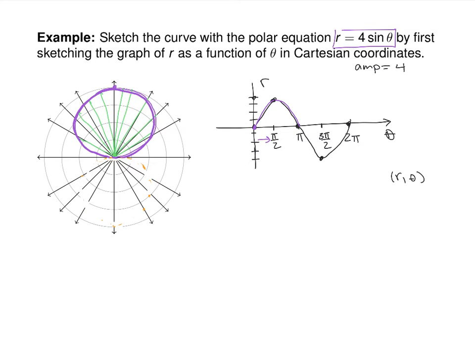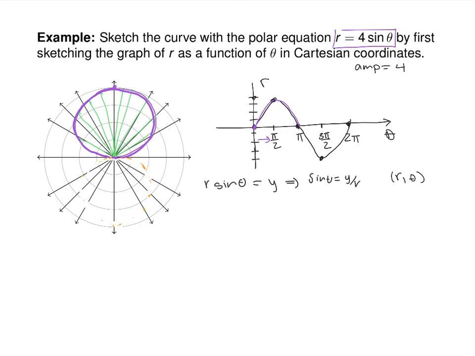Okay. Now I said that this is actually a circle, and we can prove that. It's a little bit tricky, but here's how. So we start by observing that r sine theta is equal to y, that implies that sine of theta is y over r.